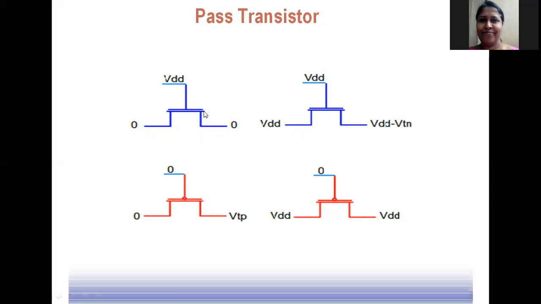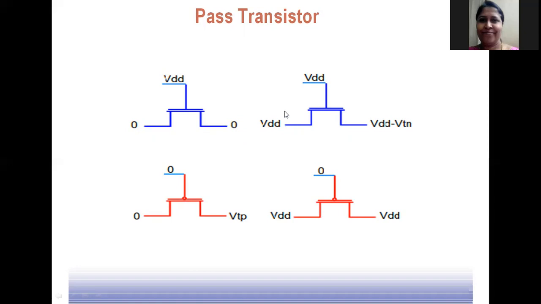For the NMOSFET, if we turn on the MOSFET by applying high voltage to the gate terminal with respect to the source terminal, then it turns on, and the logic low voltage at the input will also appear at the output.